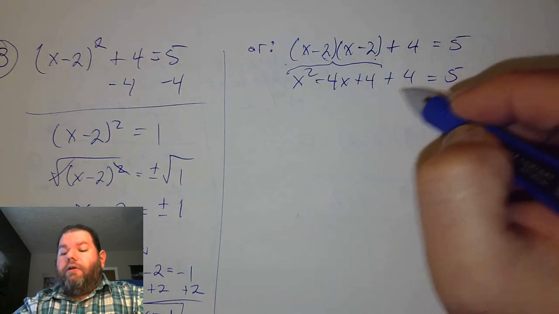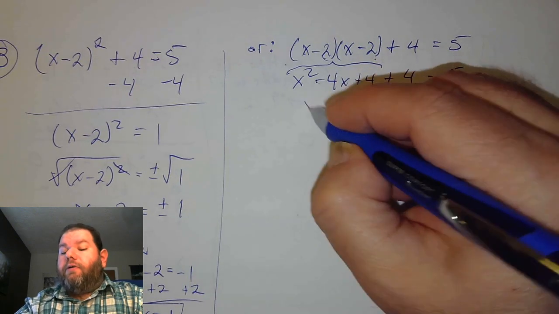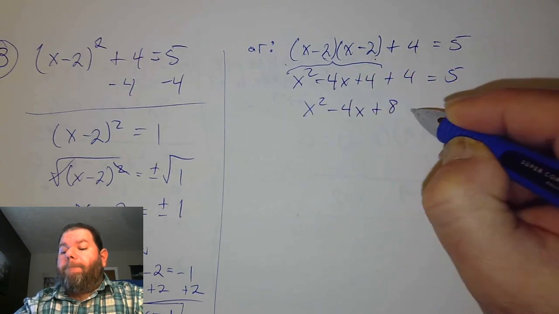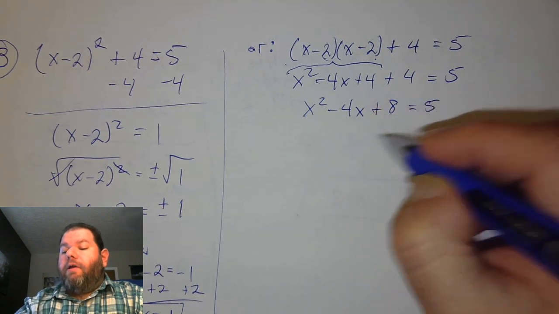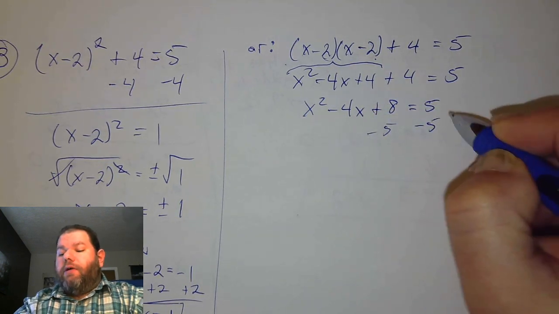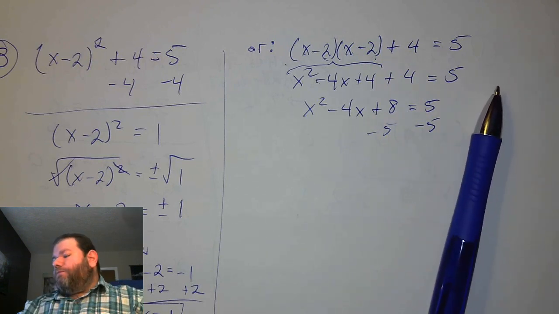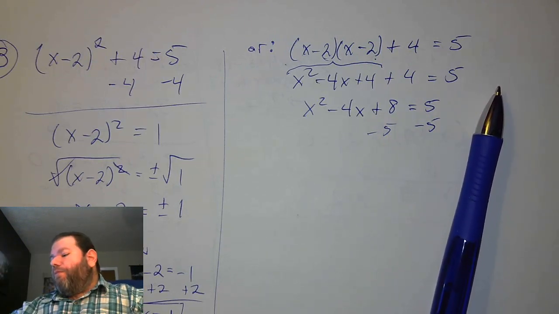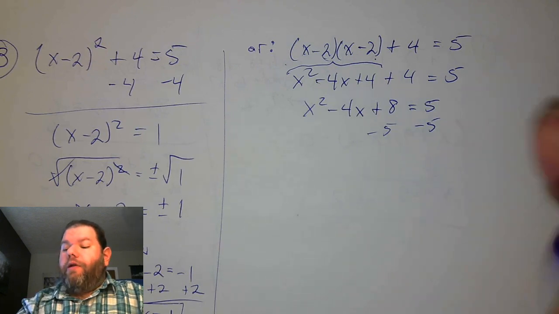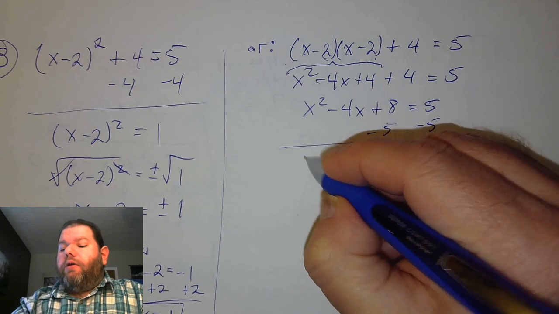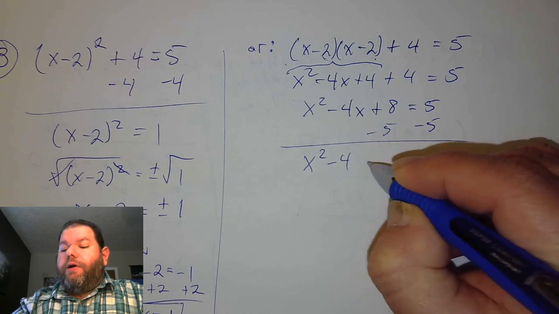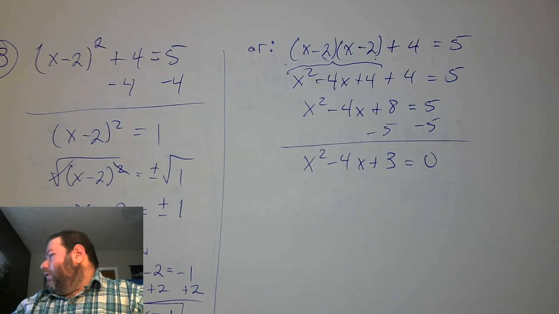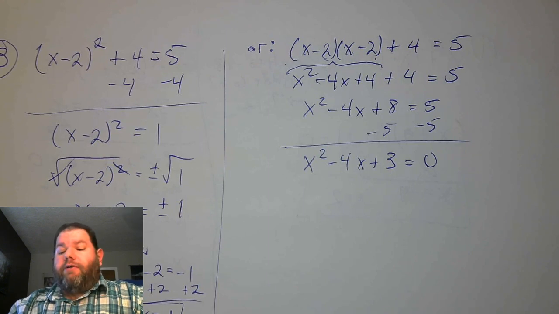Then we go ahead and combine our like terms. Subtract the 5 over. And so we have x squared minus 4x plus 3 equals 0. From that point, it's just a question of factoring.